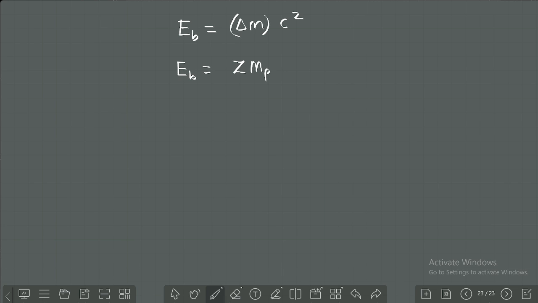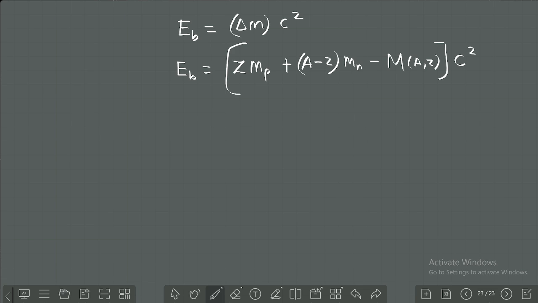Z into mass of proton plus (A minus Z), the number of neutrons, into mass of neutron, minus mass of nucleus, into C square. C square is basically the speed of light squared.